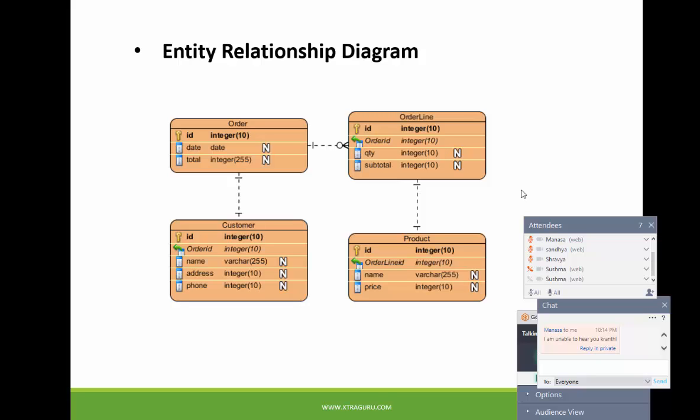This is the basic, and when you get the interview, they might ask a basic fundamental question: have you ever worked with the entity relationship diagram, or do you know anything about it? The answer is yes. How could you know that?